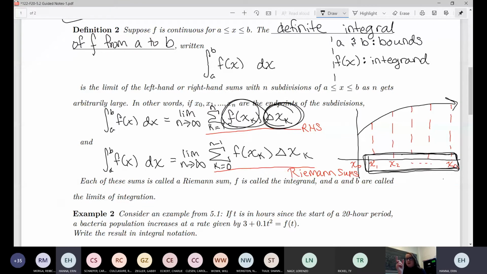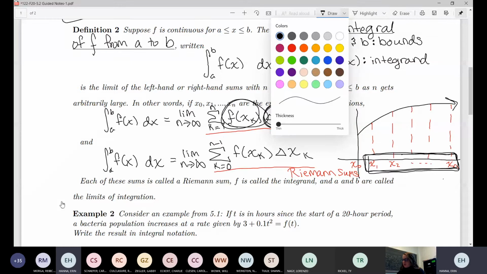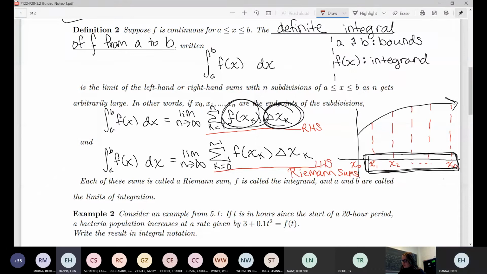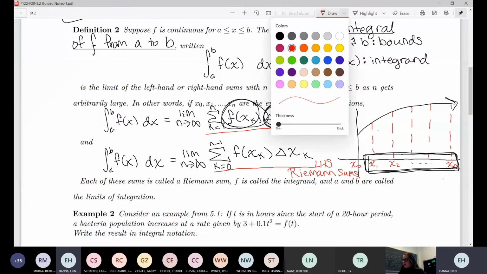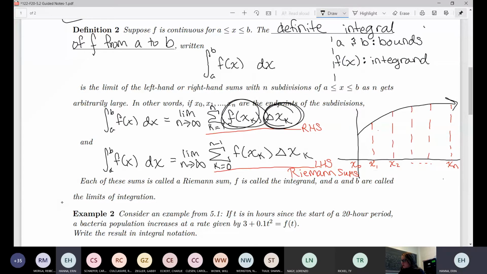So that sigma notation is essentially telling us a sum of areas of rectangles. And then the bottom one would be the left-hand side, because essentially we're starting at the 0 endpoint and going up to everything but the last one. So those two freaky looking sigma notations are just a very generic way of writing a Riemann sum.